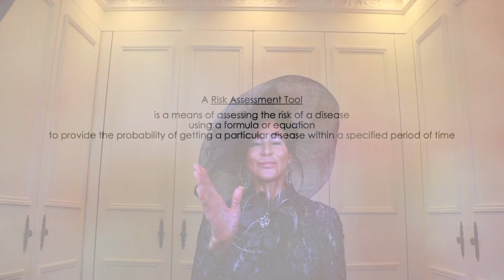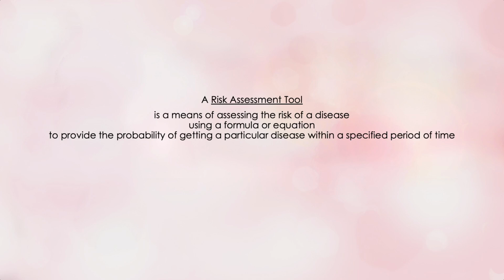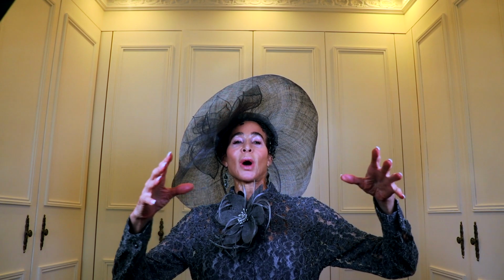Generally speaking, a risk assessment tool is a means of assessing the risk of a disease using a formula or equation to provide the probability of getting a particular disease within a specified period of time. Some risk assessment tools are designed for use on a population-wide level.